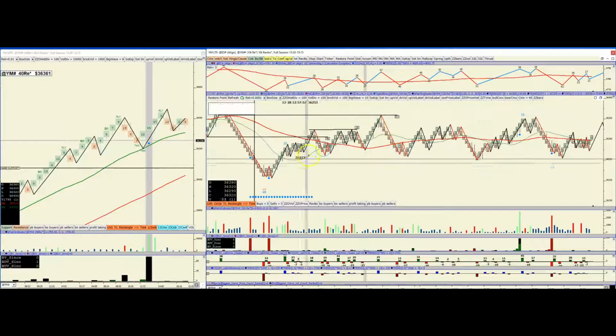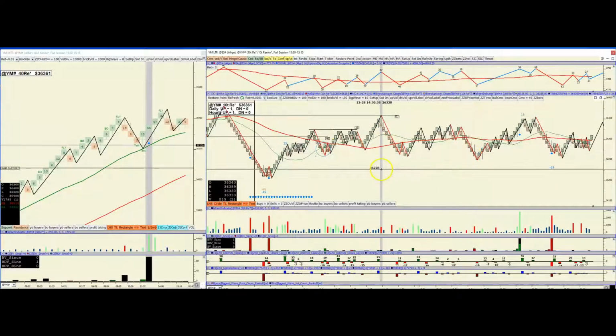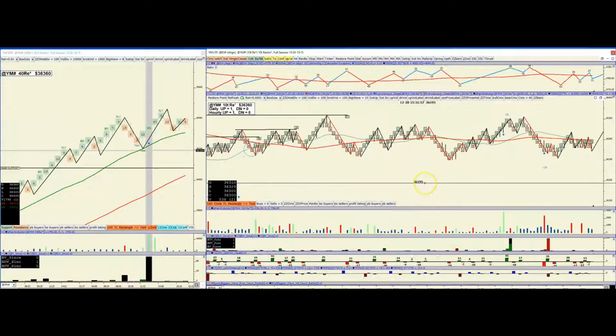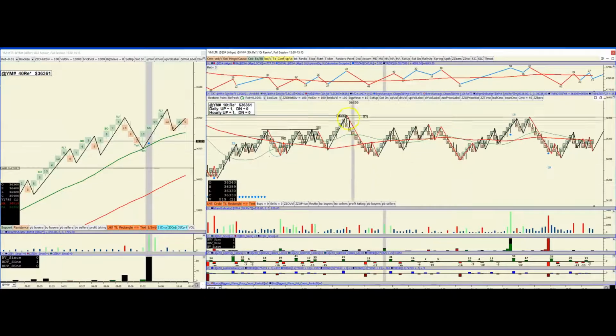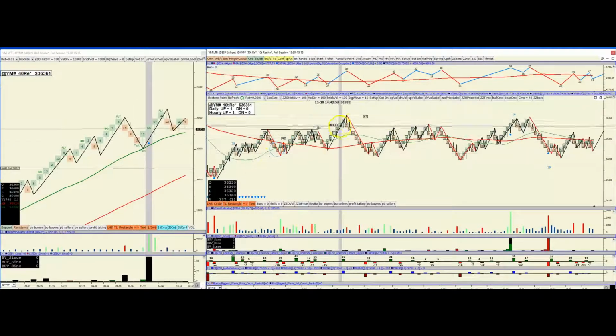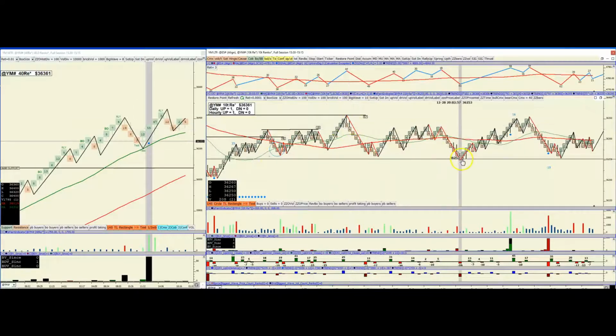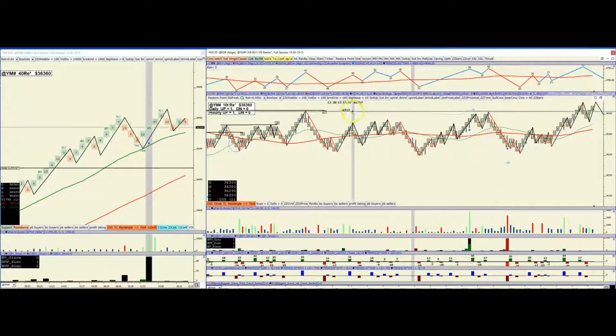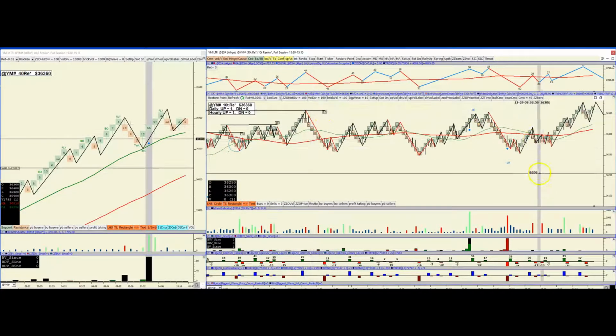So if I showed you this chart and you didn't know anything, and I asked you from here to here, where's the most amount of red? You'd say right here and here. So when you test that most amount of red, you get more red. Here again, it's testing that red and you get more red.